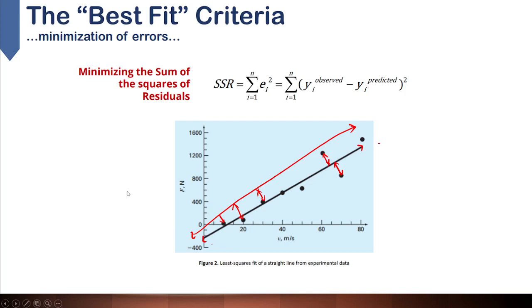And we have the so-called SSR, the sum of the squares of the residuals. So you will add the squares of the residuals. Later on, I will explain why it should be squared.